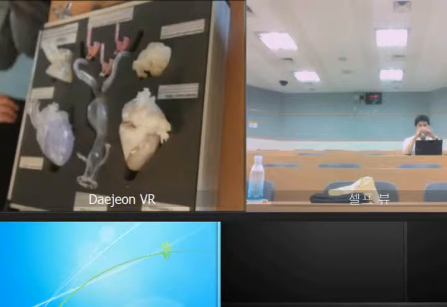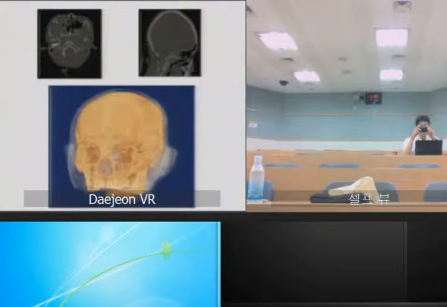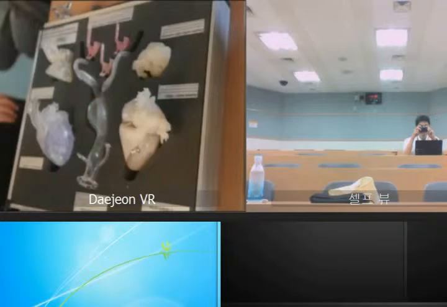Yes, this is another 3D printing material. Let me explain the differences. This one is very hard, just uniform printing with hard material. The right side one contains both, dividing each ventricle and atrium, and this one contains the artery, and the pinkish one contains very soft material.